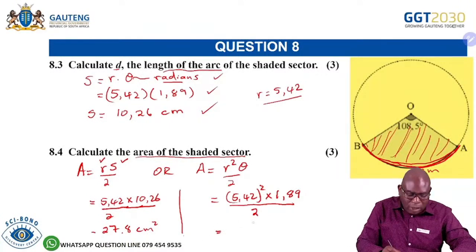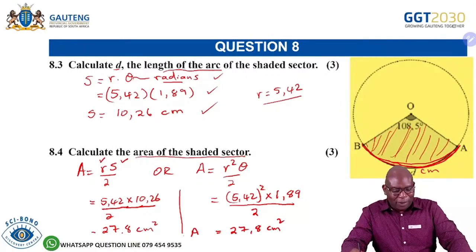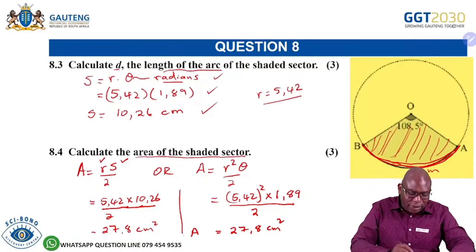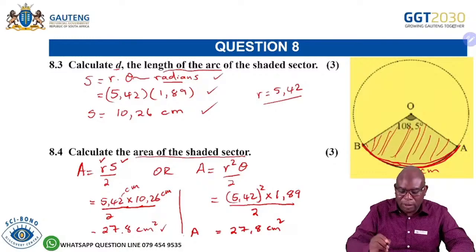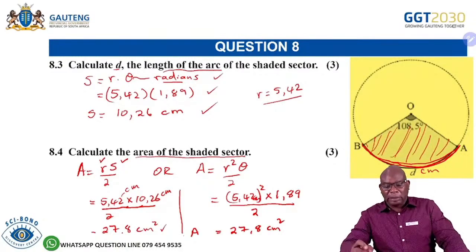If I work that out, I'll still get 27.8 square centimeters. Remember it's area, so it's square centimeters. Hope we all get this right. This is in centimeters, so squared, we get it.